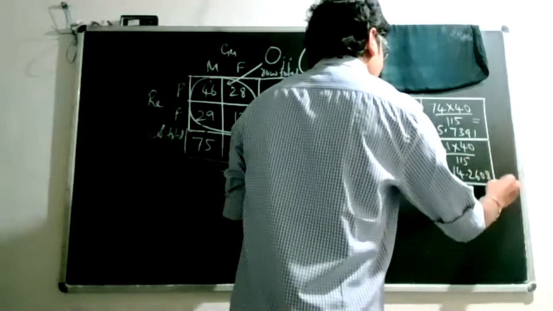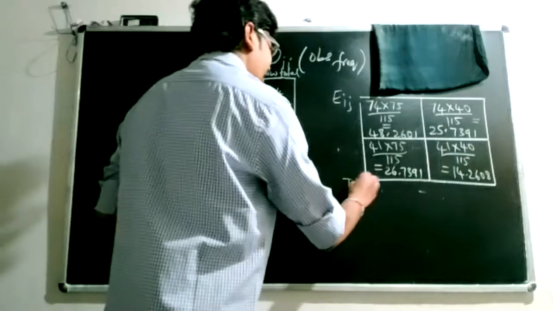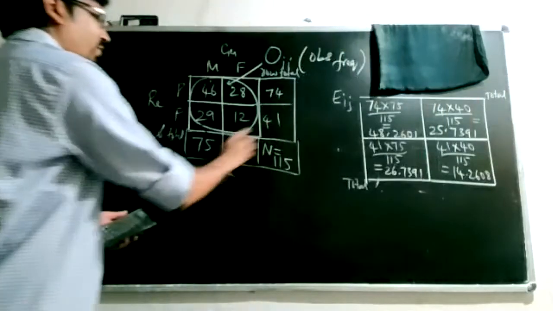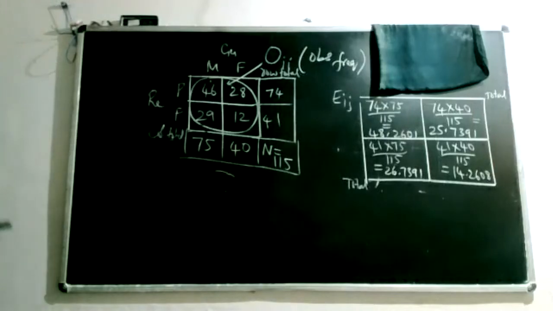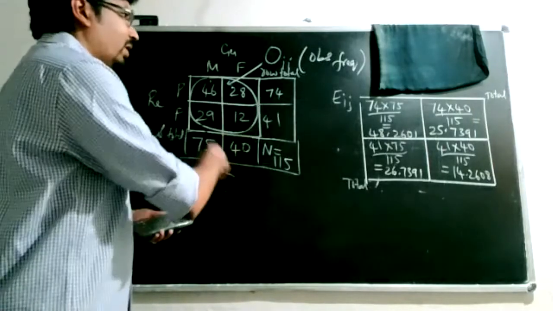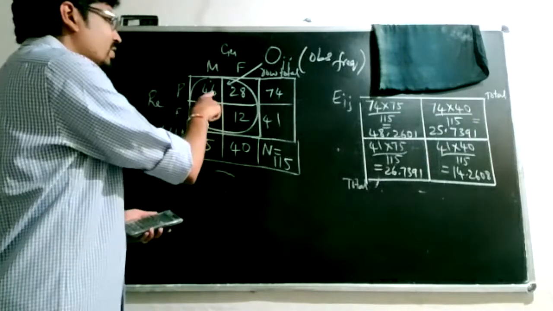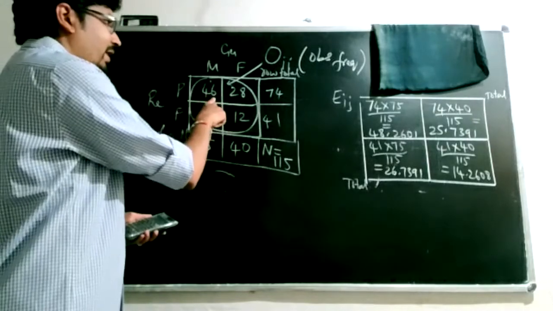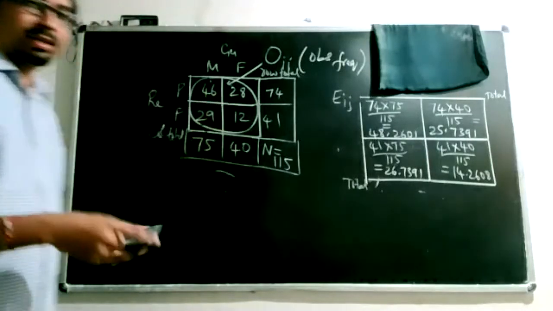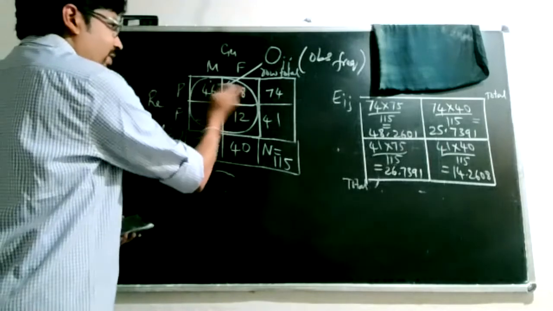Now, if you have correctly obtained your Eij, again, if you look into the row total and column total there, you should get the same numbers, which are 74, 41, 75, 40. That is the underlying condition. If there is no dependency, whatever the scenario we are observing, we should split the frequency in such a way that the total remains the same, but the internal values vary based on the assumption that we are giving equal weightage, equal chance of occurrence.